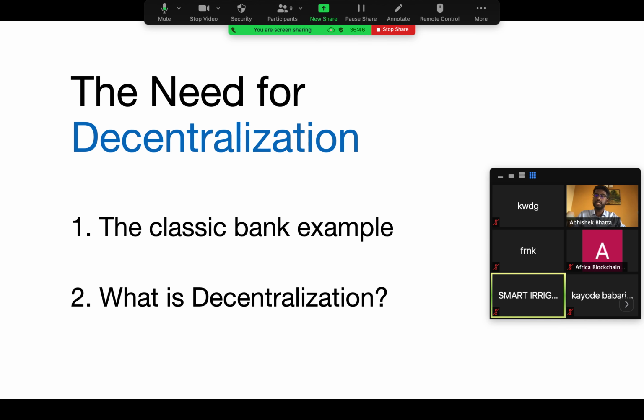Why decentralization came into being in this world is simply because with decentralization in the picture, people have an immense amount of trust in a decentralized system, so that they don't have to trust a single entity.